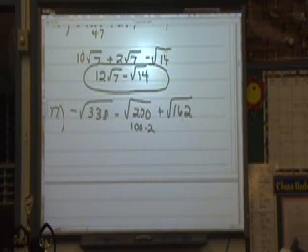Does anyone know the perfect square in this one? There's a clue right in this one here. If any of these can be combined, what's going to be left under the radical sign in this one? A 2. Perhaps try dividing 81 by 2. 81 times 2, and here, 160.